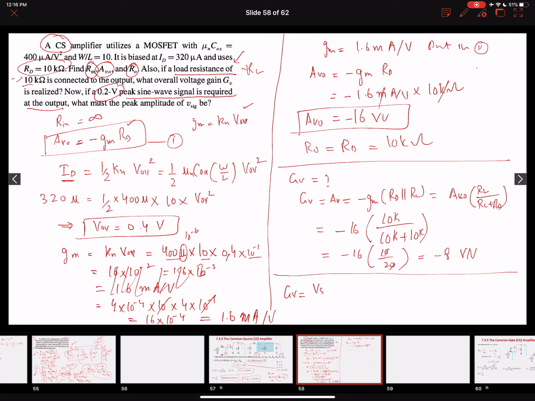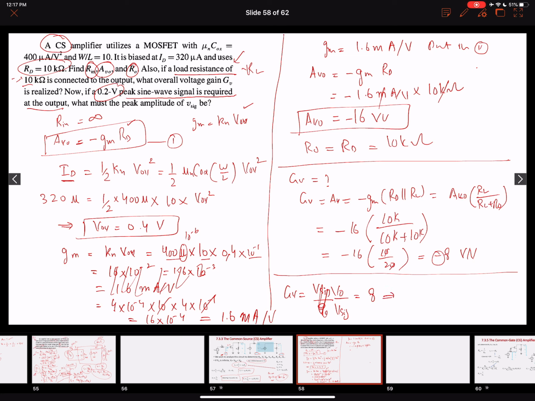We know that V naught over V sig is the overall voltage gain, and the overall voltage gain is minus 8. The minus is just a 180 degree phase shift, so it is 8 times amplification if I take the modulus value.